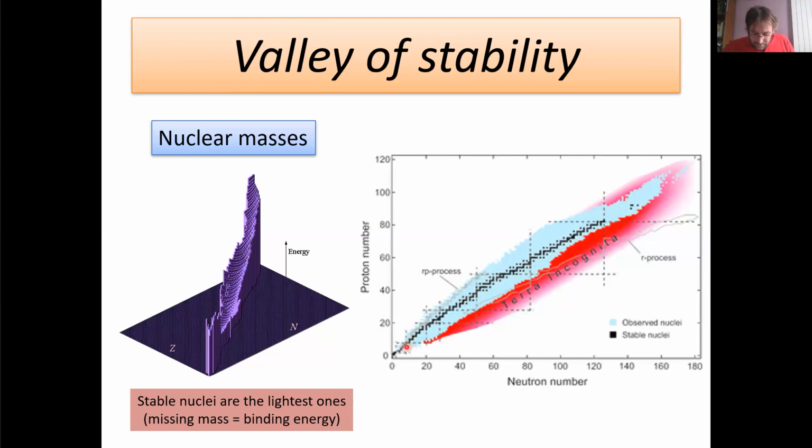So you see this bend over of the valley of stability because of the enhanced Coulomb effects for heavier nuclei. But in light nuclei, we have nicely this following the N equals Z line. Okay. The important stuff for us was this beryllium barrier.